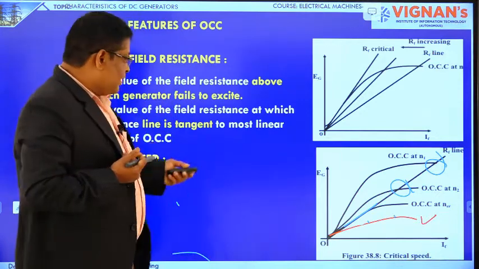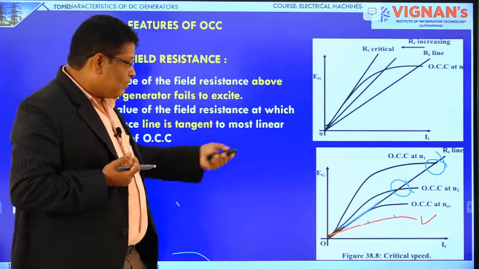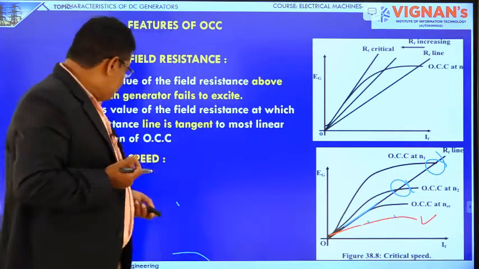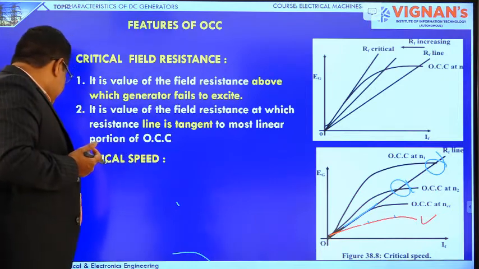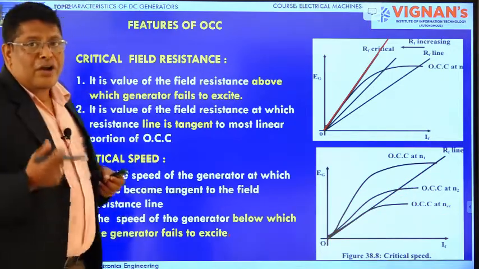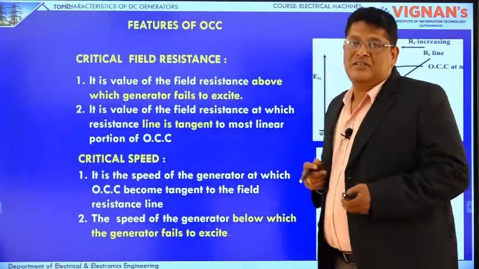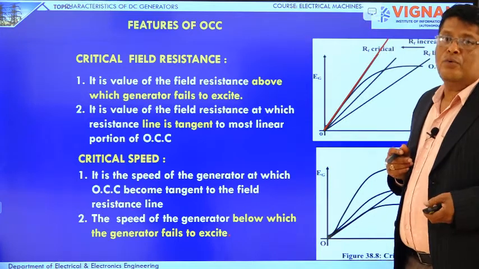Now the critical speed. We are defining the critical speed from this concept. The critical speed is the speed of a generator below which generator fails to build up a voltage.